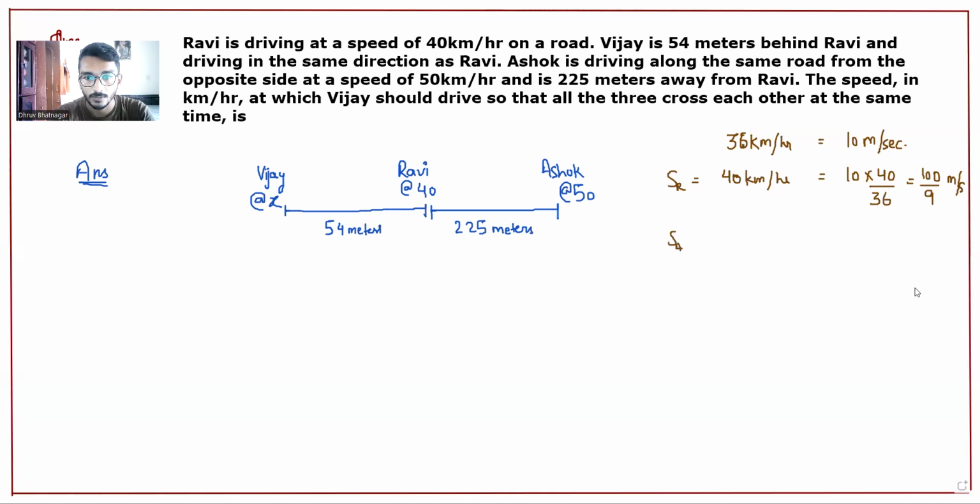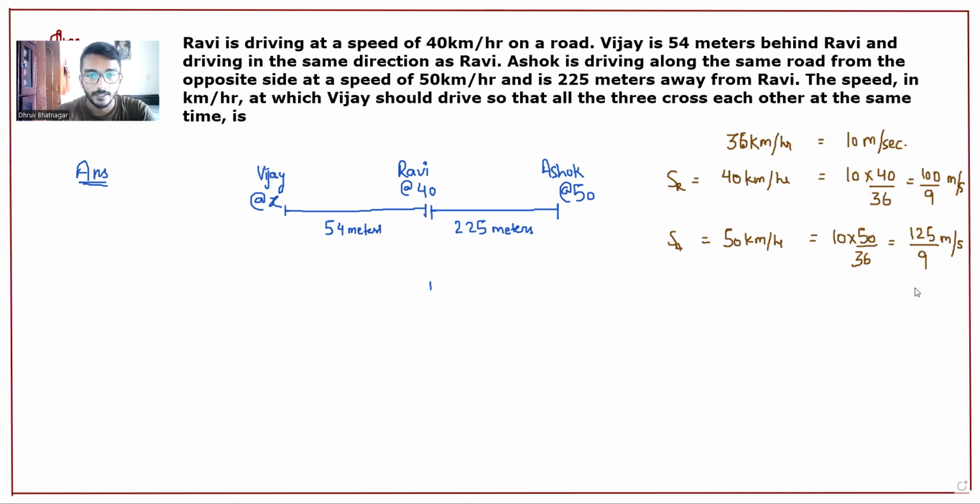And the speed of Ashok, that is 50 km per hour, would be equal to 10 times 50 divided by 36. When I divide by 4, I will be left with 125 by 9 meters per second. So these are their respective speeds in meters per second.